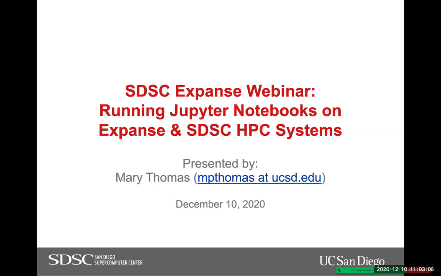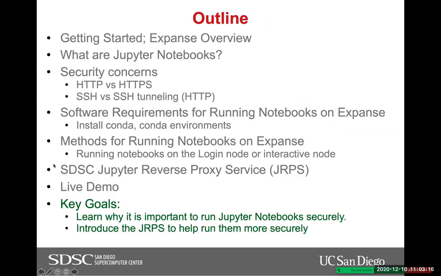The motivation for this is that notebooks are very, very popular, and they're being used by many people for a lot of different applications. So today I want to talk about our motivation for the project we've been working on called the Jupyter Reverse Proxy Service.